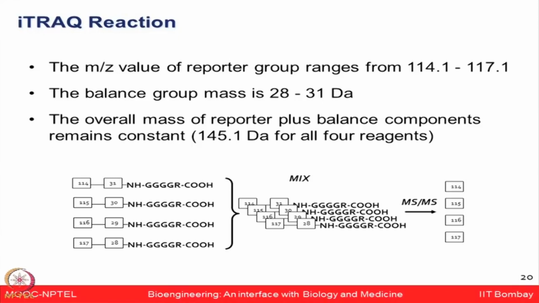Together, they are always going to add mass 145, which will be isobaric for all the 4 conditions. After labeling, you can mix these peptides from 4 different conditions. Now, you can do further analysis in the mass spec, do MS and MSMS analysis, and these reporter ions will be seen at the MSMS level, and you can not only identify what this protein is, but also quantify what happens to this protein when you compare across 4 conditions.